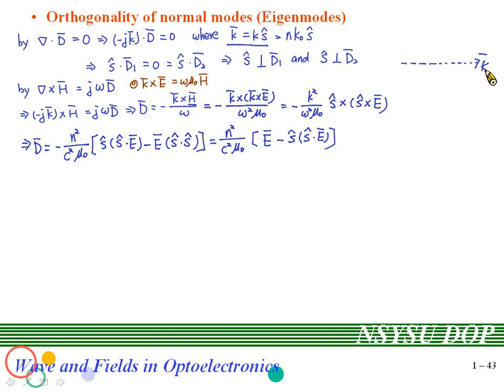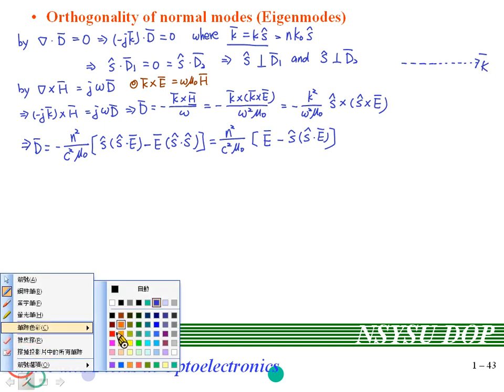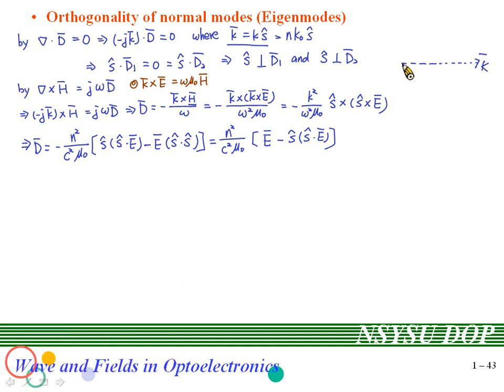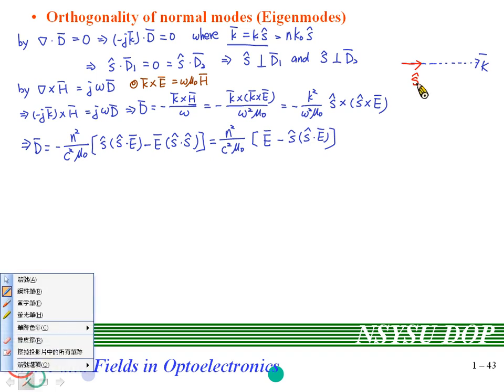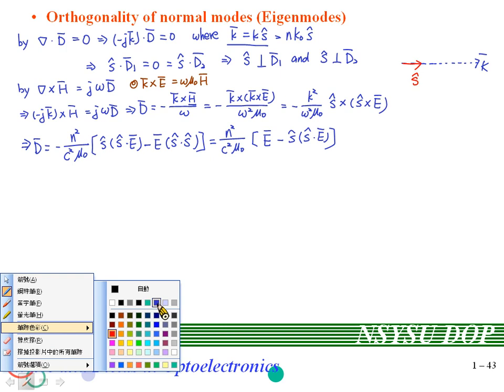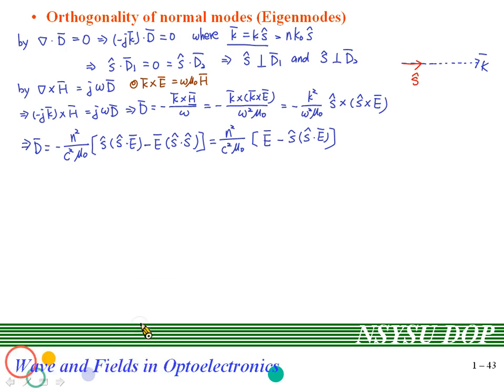Suppose we have a k vector here, and according to our definition, along this direction we have a unit vector s hat. Then if we define, there will be an E field like this.